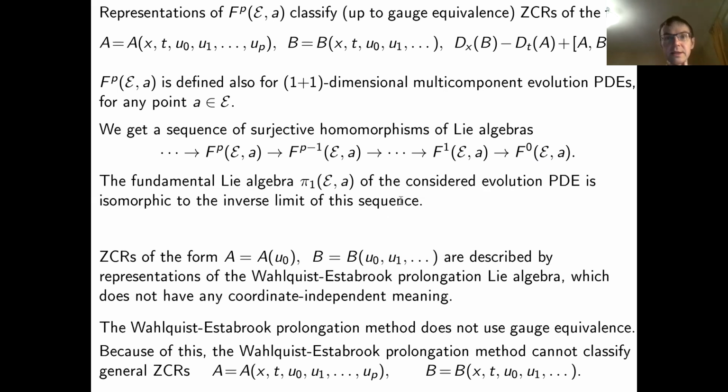And in many cases, this allows one to compute the explicit structure of the fundamental Lie algebra, because each term in this sequence is a Lie algebra given by generators and relations, and those relations can quite often be written down explicitly.